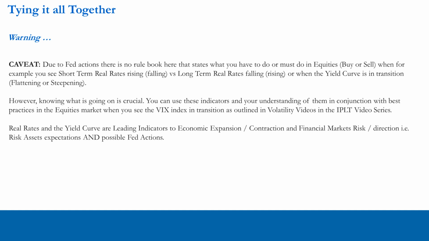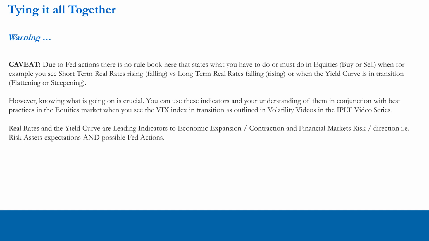You can use these indicators and your understanding of them in conjunction with best practices in the equities market. For example, when you see the VIX index in transition, as we outlined in the volatility videos in the IPLT video series. So you use these indicators together. You can use the VIX, you can use real rates and the yield curve together to have a much clearer understanding of the macroeconomic picture at any one moment in time and have a macroeconomic view based on these indicators.